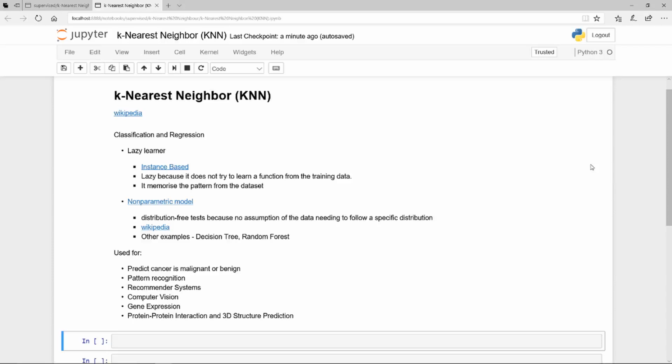Another way of saying instance-based is that it's based on memory rather than learning the actual pattern or coming up with the function to describe the underlying data itself. So if you would recall, with linear regression, we will use y is equal to mx plus c as our function.